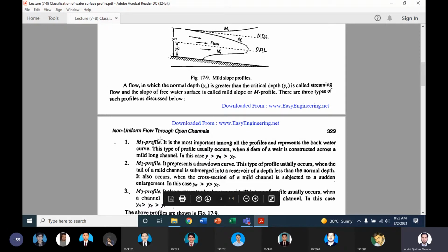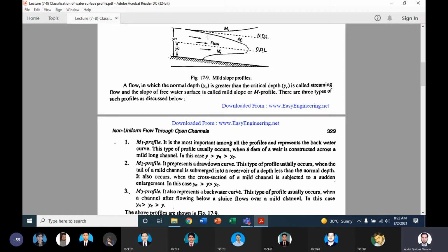Now coming to the second profile. Now before starting the discussion, if you see over here, the curve is dropped down in the second zone, and it is in between the normal depth line and then the critical depth line. So we can easily judge from here that the normal depth is going to be greater than the depth of the flow.